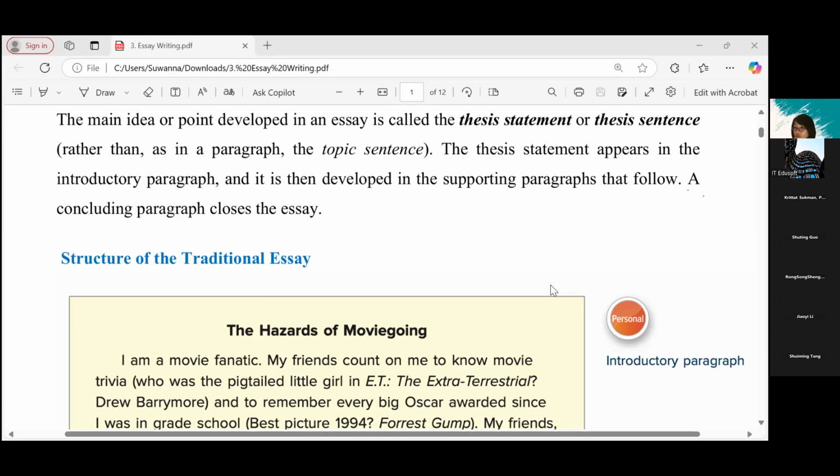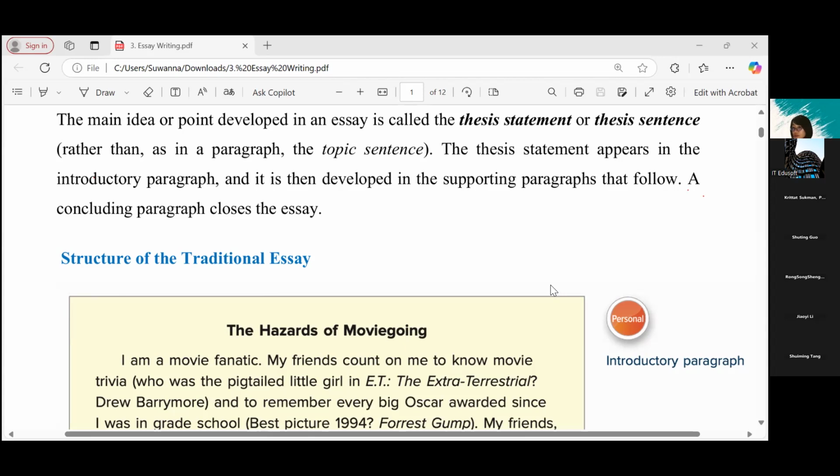Consisting of several sentences, that's for a paragraph. Over here, we are looking at an essay. An essay is part of an article, of course, but I would say an essay consists of several or many paragraphs.